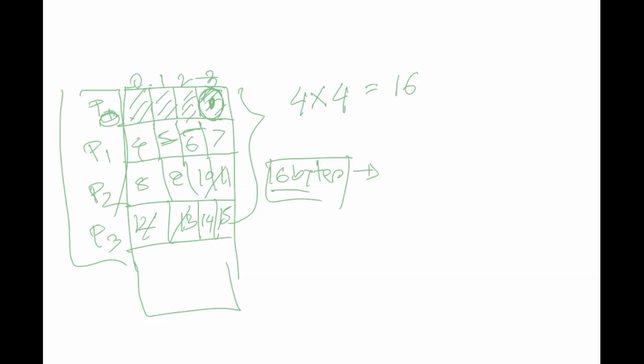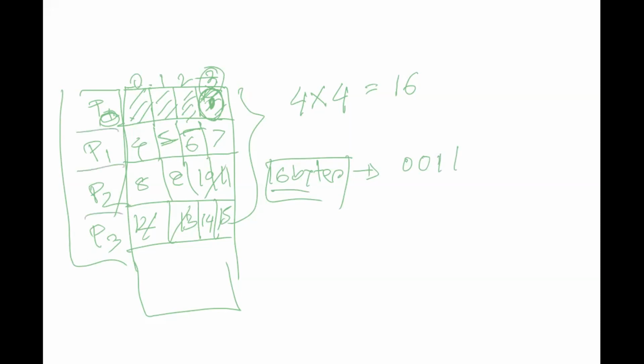So let's say I want to execute byte number 3. If we consider binary addressing, the address would be 0011. And for the processes, there are a total of 4 processes, uniquely identified.